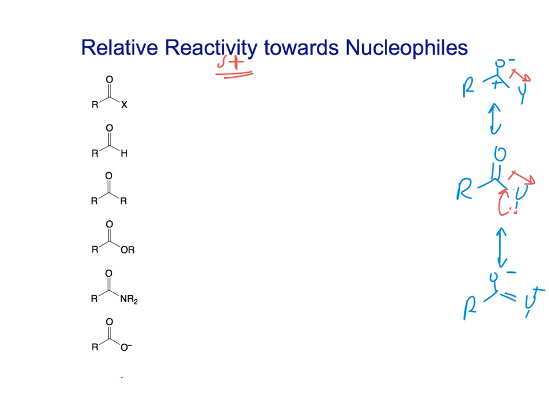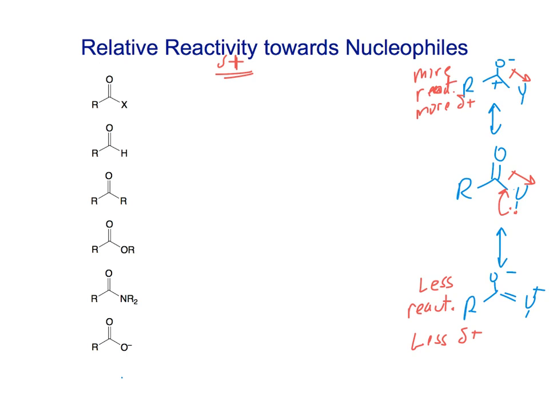Okay, so if we're going up here, this would be more reactive, because it has more delta plus on the carbonyl carbon. This down here would be less reactive because it has less delta plus. Okay? So now let's look at our list of carbonyls, right?